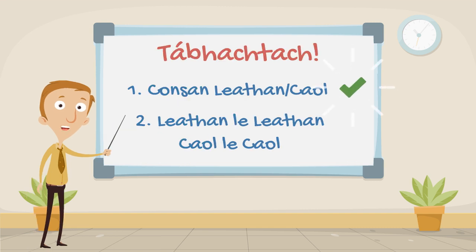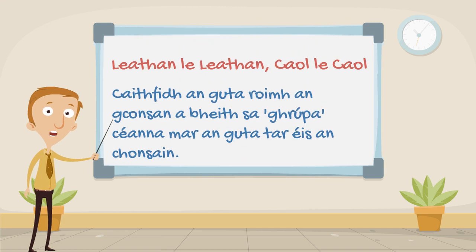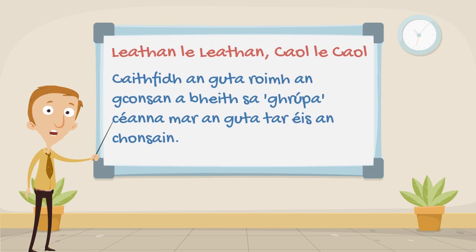Now that you know what the Leathan and Caol vowels are, we can teach you the golden rule of Irish spelling. I'm sure you've all heard of Leathan le Leathan, Caol le Caol, but what does this actually mean? Simply put, the vowel after a consonant must be the same type of vowel, i.e. Leathan or Caol, as the last vowel before that consonant.